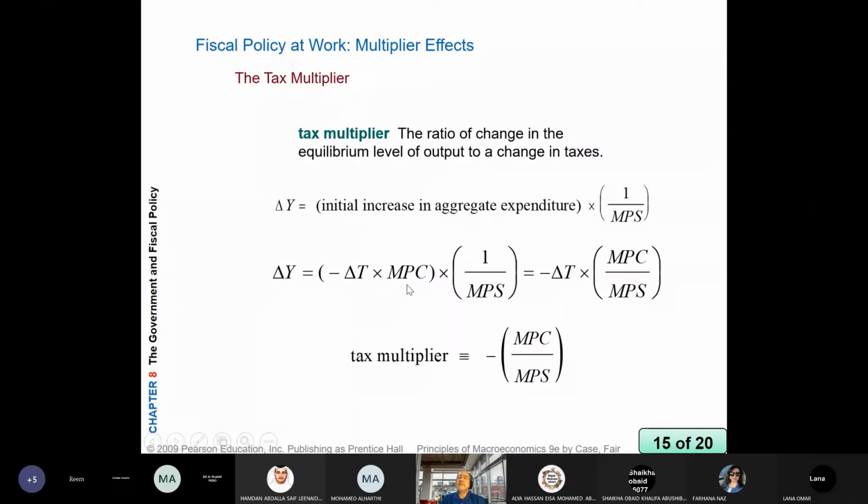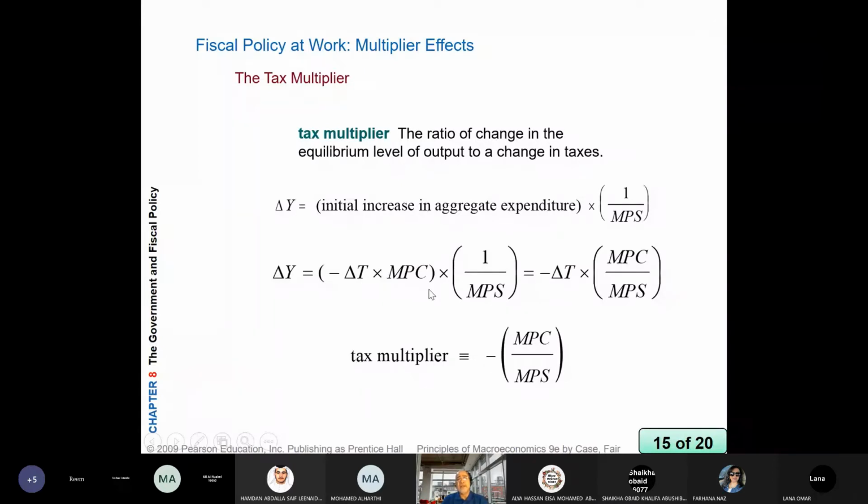It's different than an increase in government expenditure. So again, if the government increased taxes, disposable income will decrease, and consumption will decrease by less than the increase in taxes. If our disposable income decreased by 100, consumption will decrease by 80, 100 times the marginal propensity to consume, because saving will also decrease.